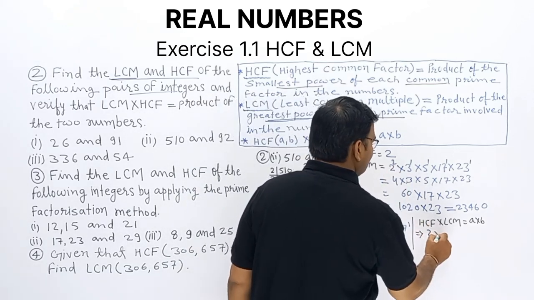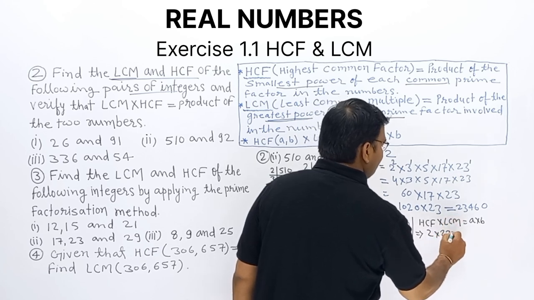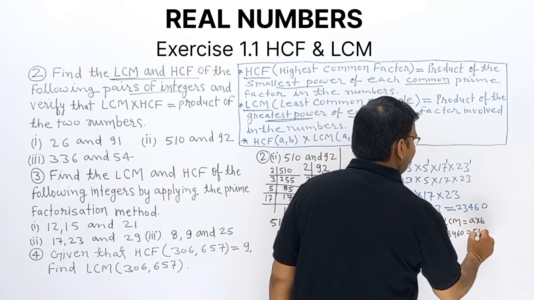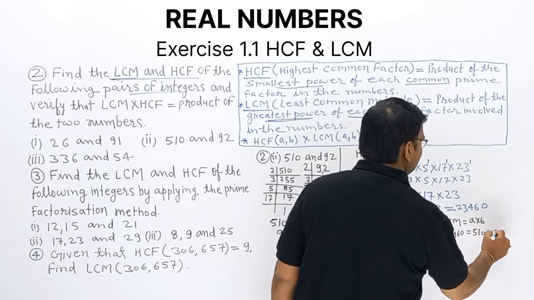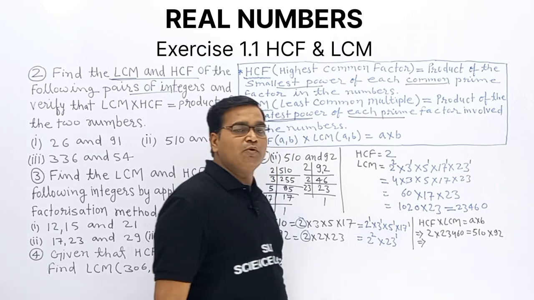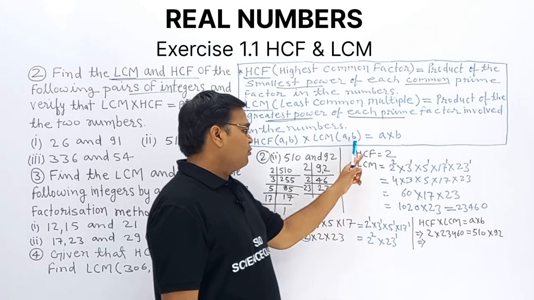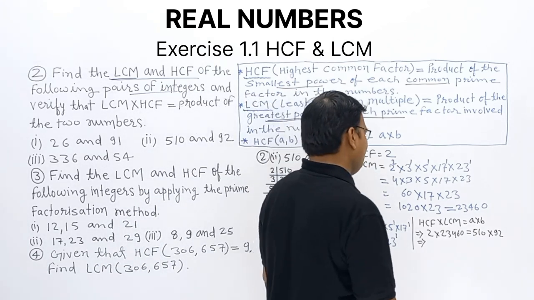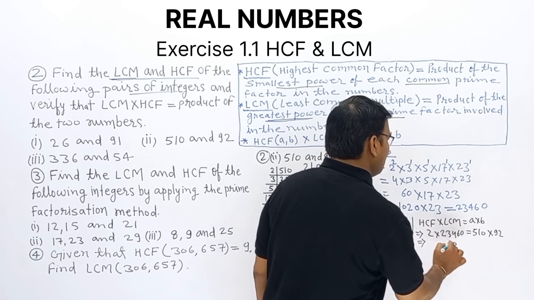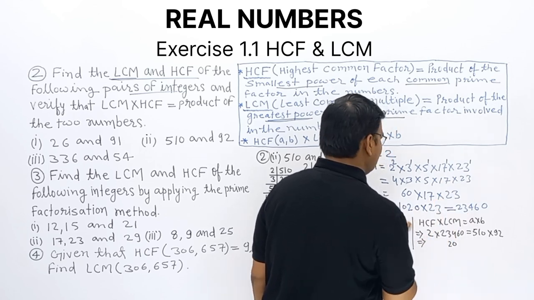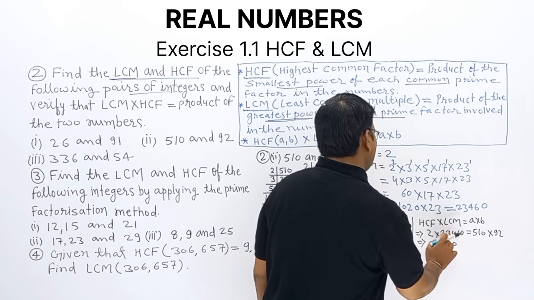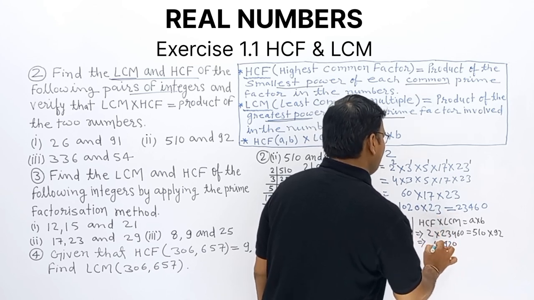HCF is 2, and this is 23460. Now A is 510, B is 92. Do carefully. If we get left hand side equal to right hand side, then whatever we found for HCF and LCM will be correct. We are multiplying by 2: 0, 6 2 ja 12, 1 is remaining, 4 twos are 8 and 1 is 9, 3 twos are 6, 2 twos are 4.